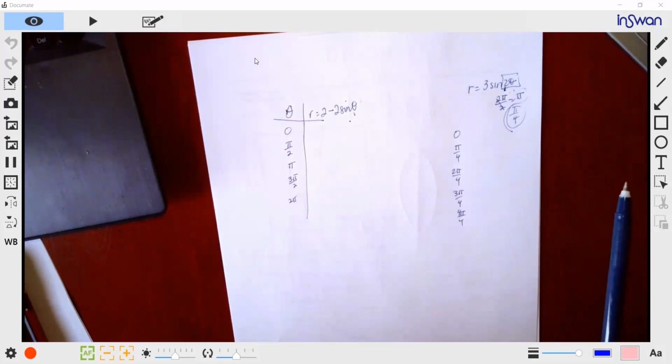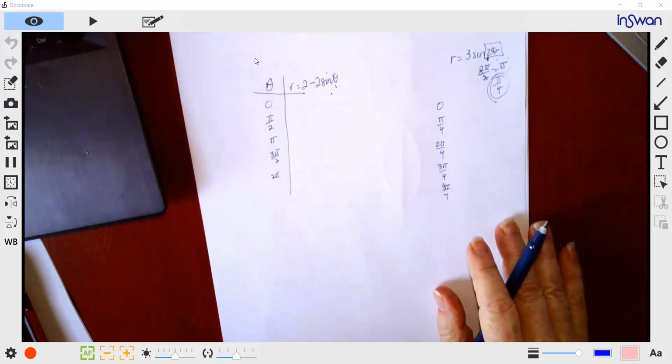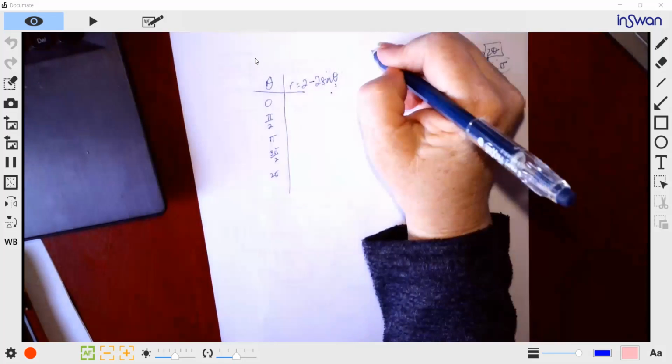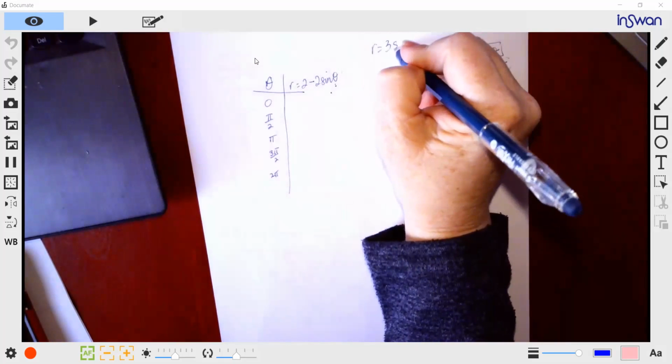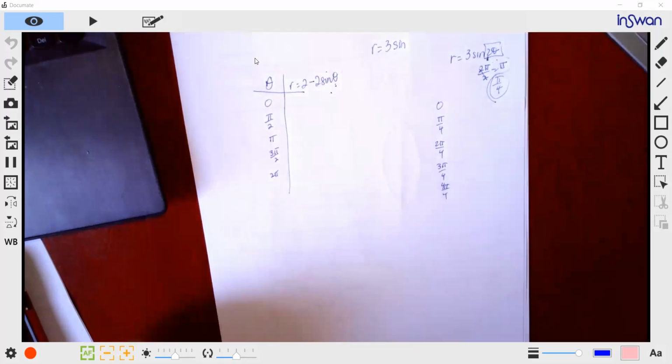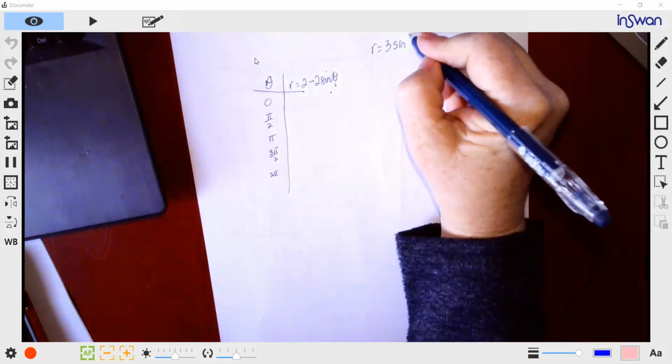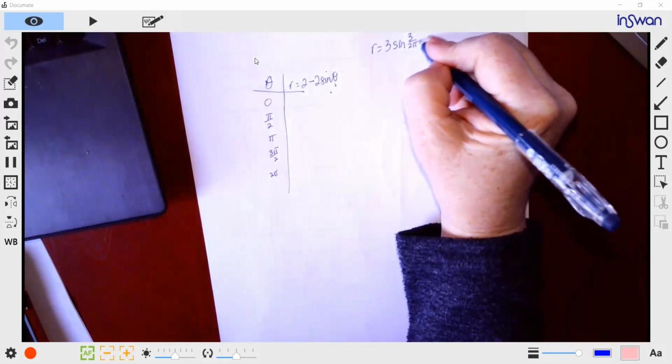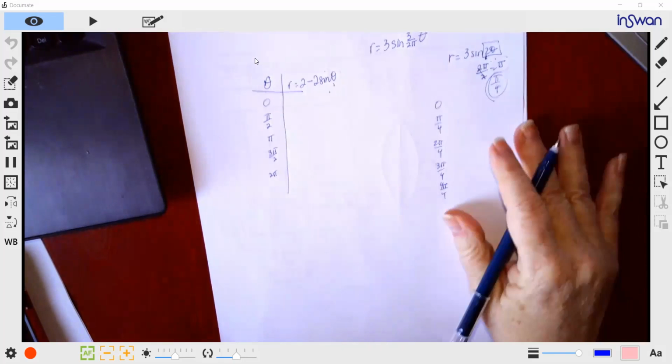Okay, what if it was 3? What if the period was 3? So you've got R equals 3 sine of 2 pi over 3 theta, a function like that.